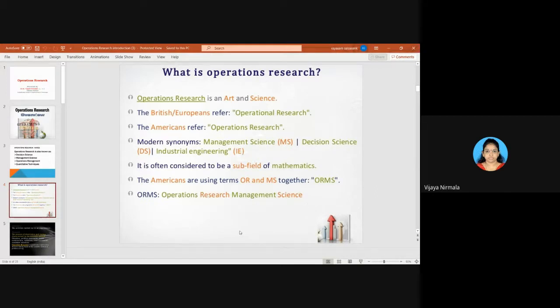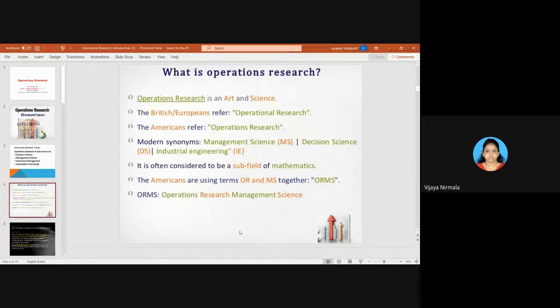And you are also doing operations. You are listening to the class, and if you have no signal you come outside and listen to the class; that is, you are performing a listening task. That is called operations. Whatever task you do, those are called operations. So operations research is an art as well as a science.